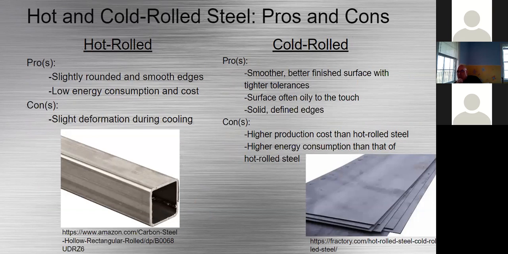For cold rolled steel, some of the pros are that it's smoother, with a better finished surface and higher tolerances. The surface is usually oily to the touch. It has solid defined edges, and some of the cons are that it's a higher production cost than hot rolled steel, and it requires more energy than hot rolled steel as well.